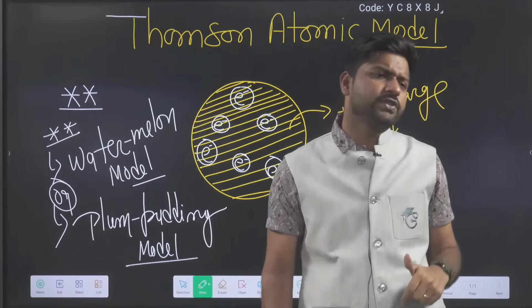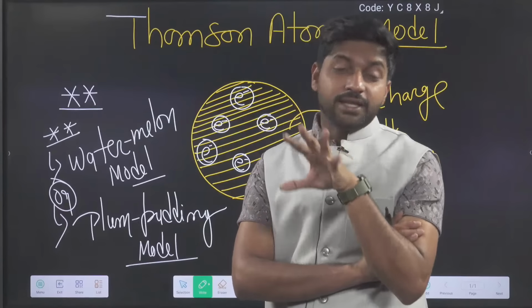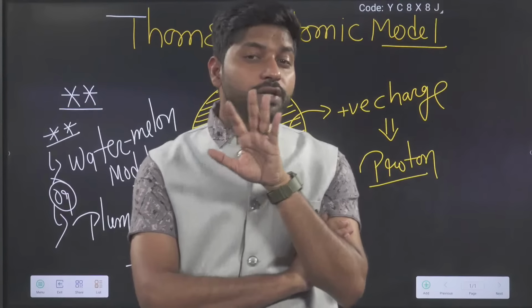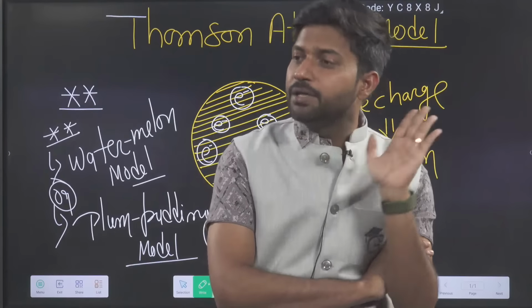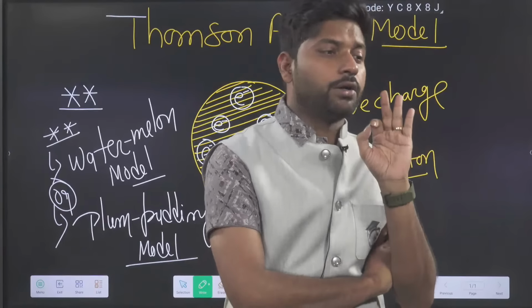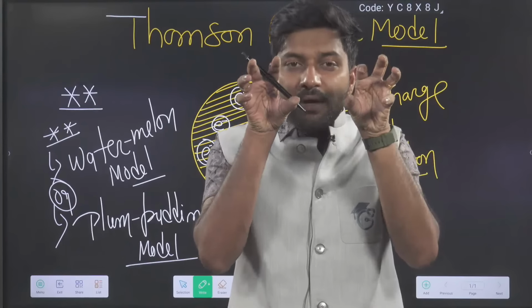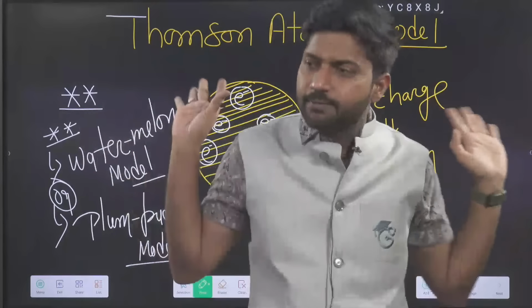What is the reason for calling it the static model? The reason is that in this model, no one is moving anywhere. No spin, no revolution, nothing is going on. Each and every particle is situated in its own location and doing nothing.